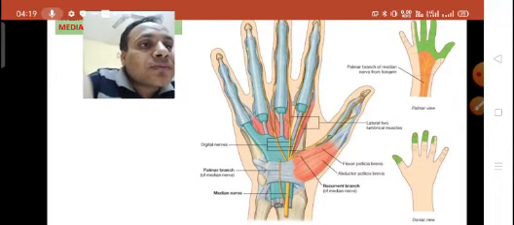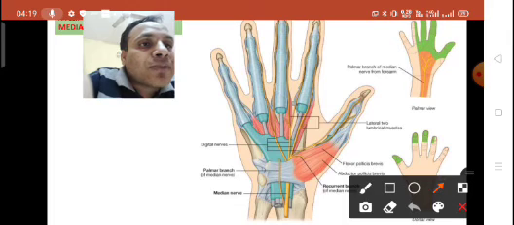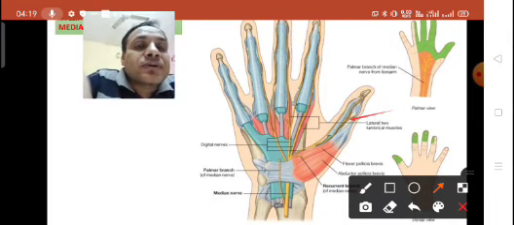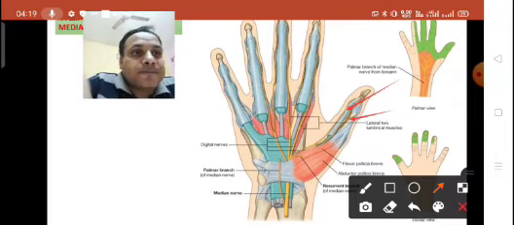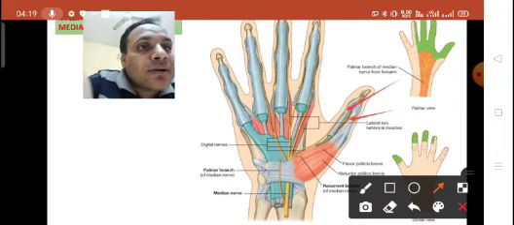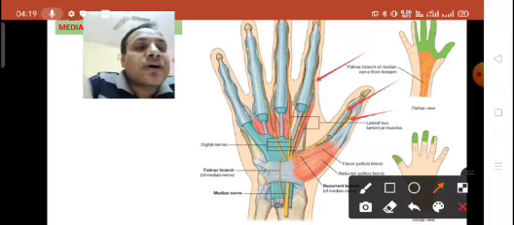The first proper digital branch supplies the lateral side of the thumb, the second supplies the medial side of the thumb, and the third supplies the lateral side of the index finger.